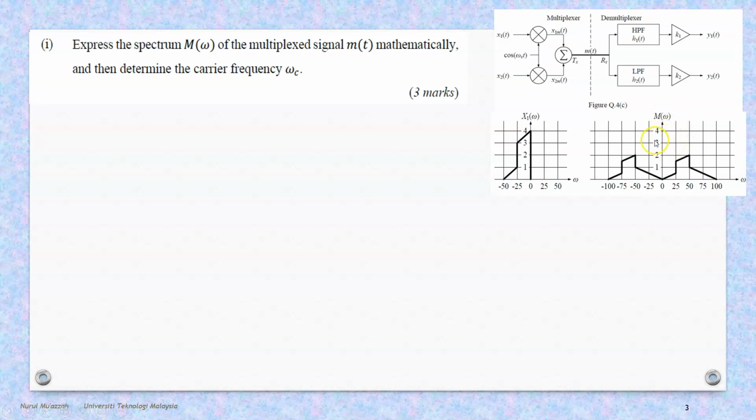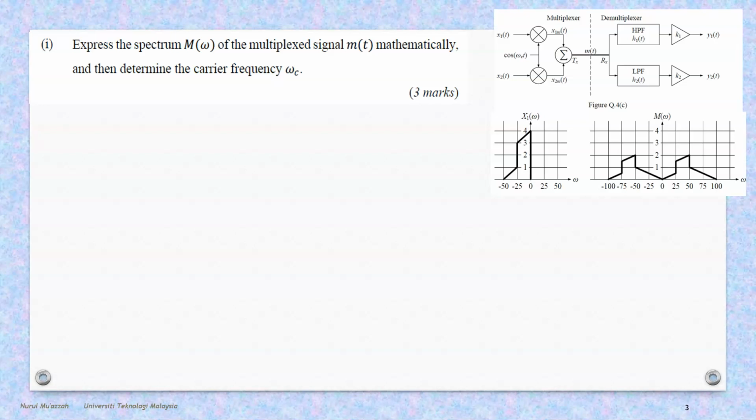And also we need to determine the carrier frequency. We need to understand that X1M here is the modulated signal from X1, so M here is the summation of X1M and also X2M. First we need to express the spectrum mathematically.